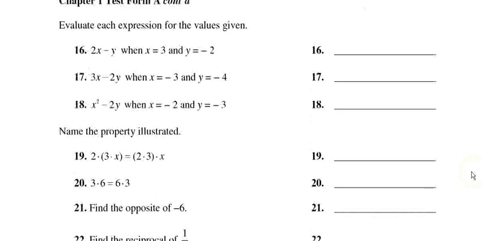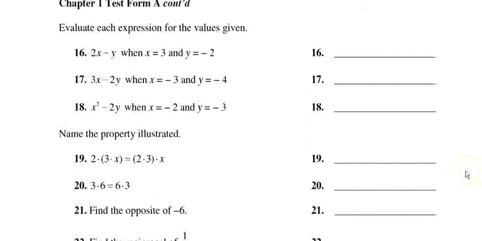Now here they want us to evaluate where we replace a letter with a known value. So we can do that up here. We got 2 times x, which we say is 3. Notice I'm using parentheses to help keep this in order.